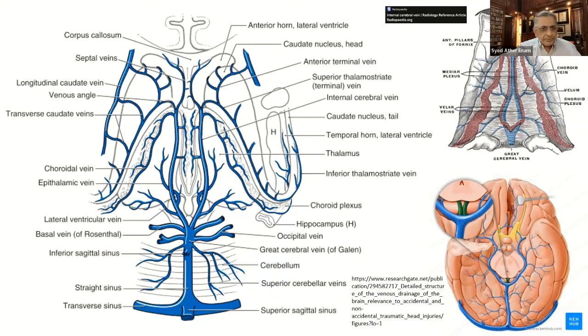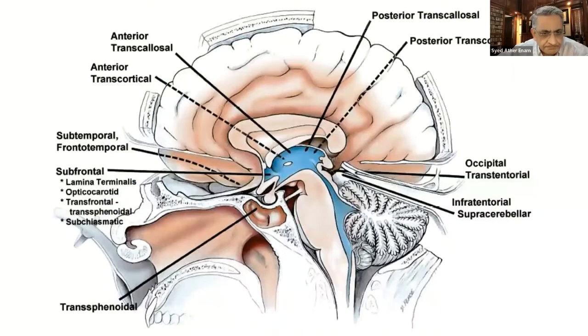So when we talk about the third ventricle and the lateral ventricle, the approaches to the third ventricle are what help us understand the anatomy much better. The lateral ventricular approach is important, yes, but the third ventricular approach is important to understand.